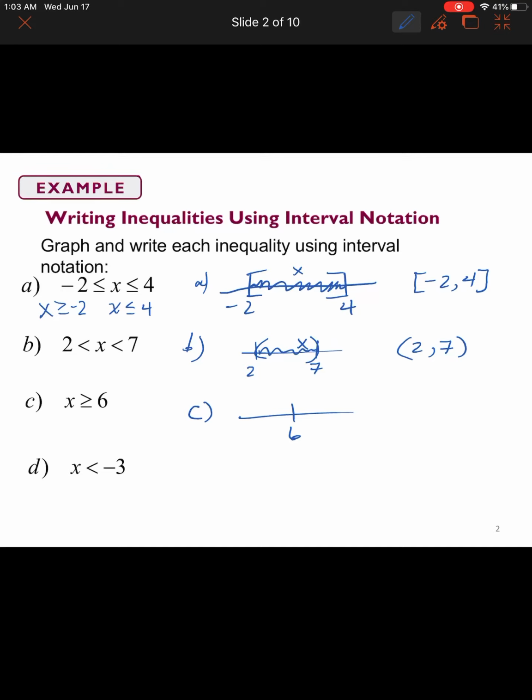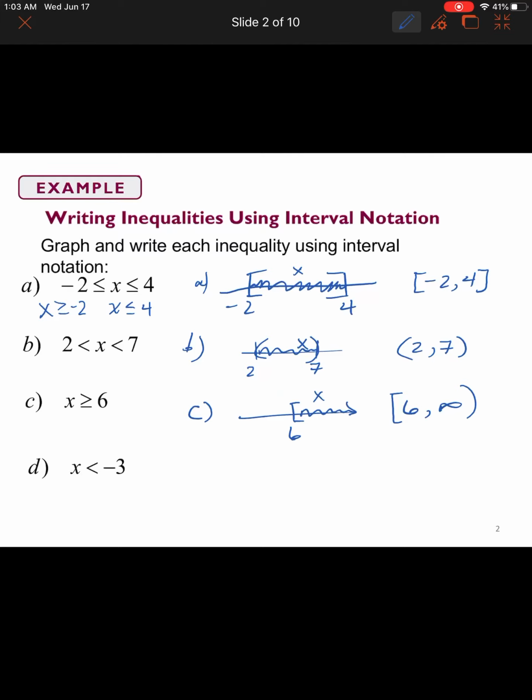You have this value of 6. It says x is to the right of 6, and this is going to go on forever, shade forever to the right. Anything that goes forever is going to some direction of infinity. So from 6 and to the right forever, we're going to positive infinity.